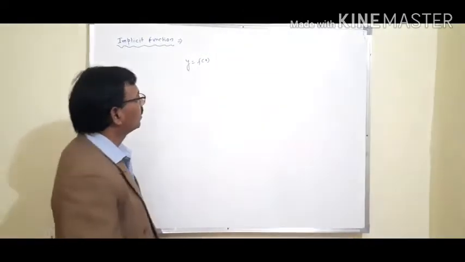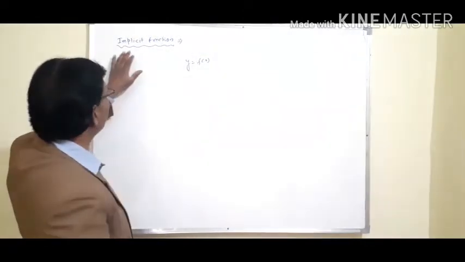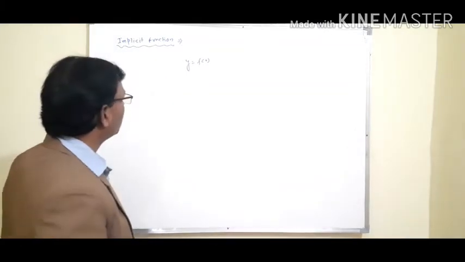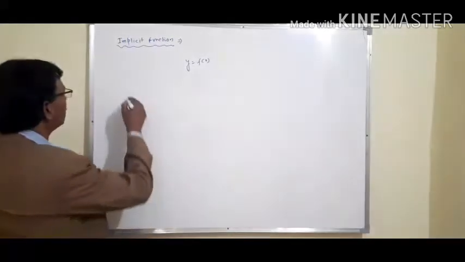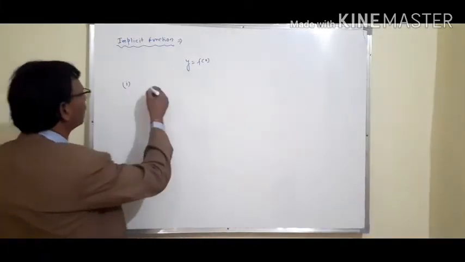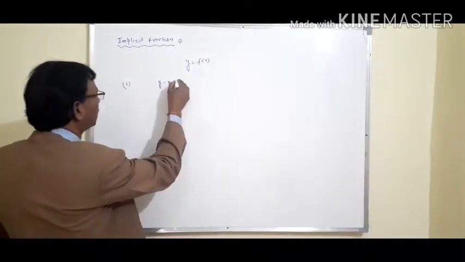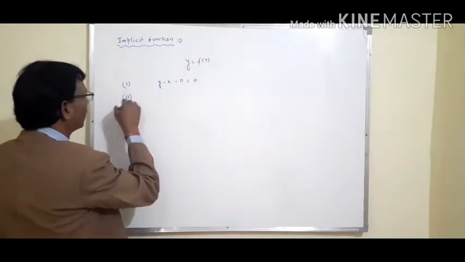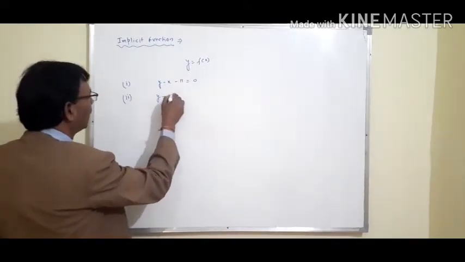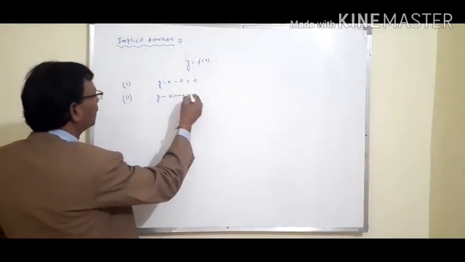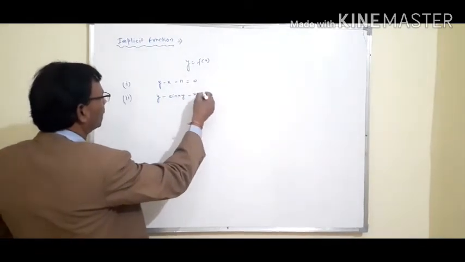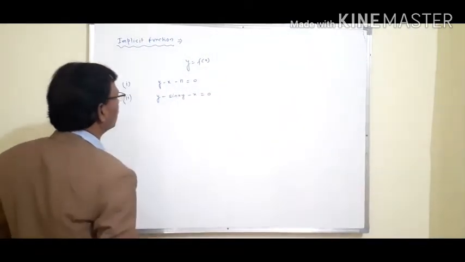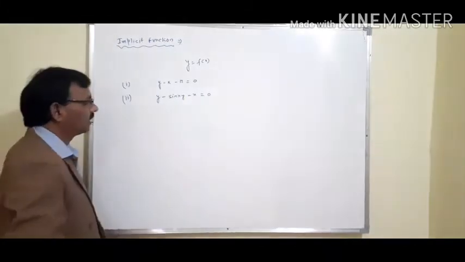Now for better understanding of the implicit function, we take two types of functions. First is y minus x minus pi equal to 0, and second type of function is y minus sine of xy minus x equal to 0. There are two types of functions.